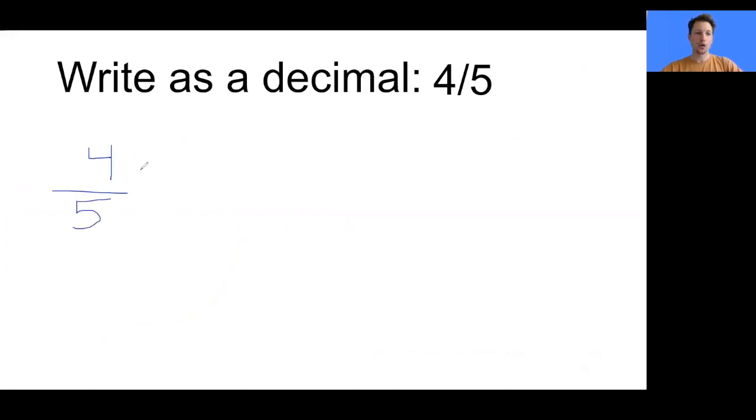Remind myself what I have to do here. I have to write an equivalent fraction with the denominator of 100 so that I can easily look at the fraction and convert it to a decimal, because that's what the question is really asking us to do. So what I'm really looking for is the numerator of this, blank over 100.